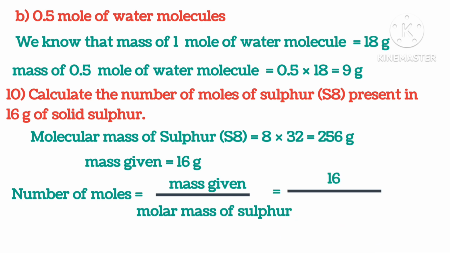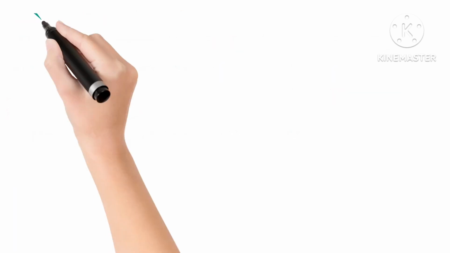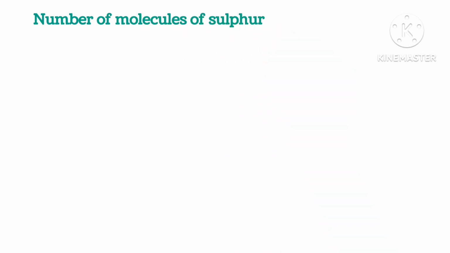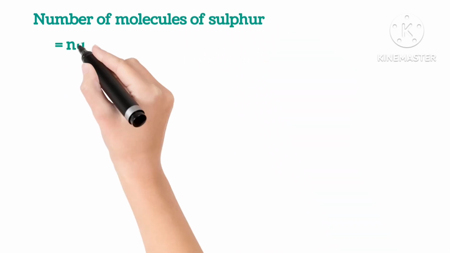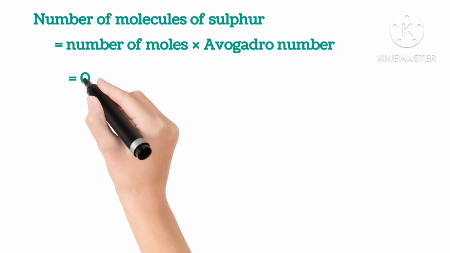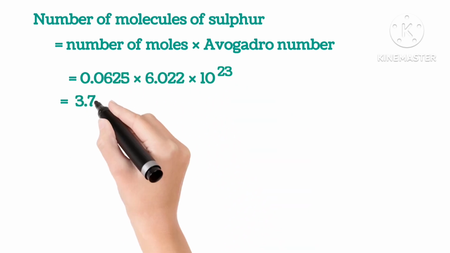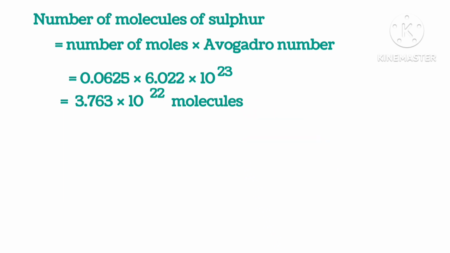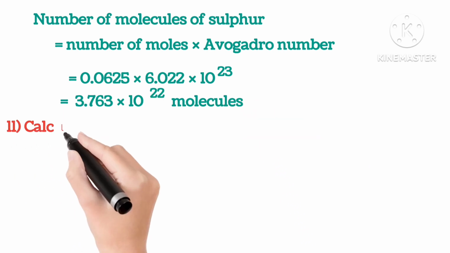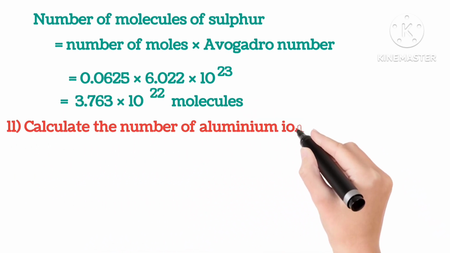So putting the values, we get 16 upon 256, which is equal to 0.0625 moles. Now number of molecules of sulfur will be equal to number of moles into Avogadro's number. Now writing down the values, we get 3.763 into 10 to the power 22 molecules.